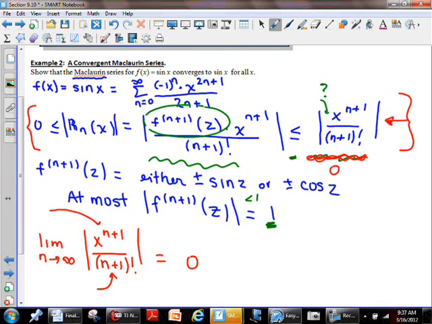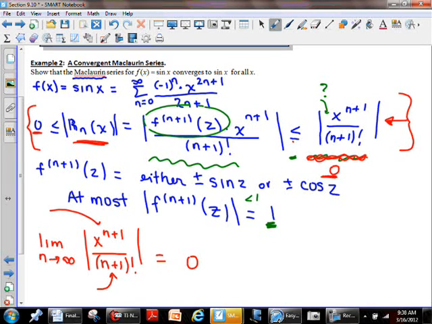Well, if this becomes 0 and our Rn is between what two numbers? 0 and 0? What does that say about the Rn value? 0. Yeah. Now I would be very impressed if you guys could tell me what theorem that is a demonstration of.